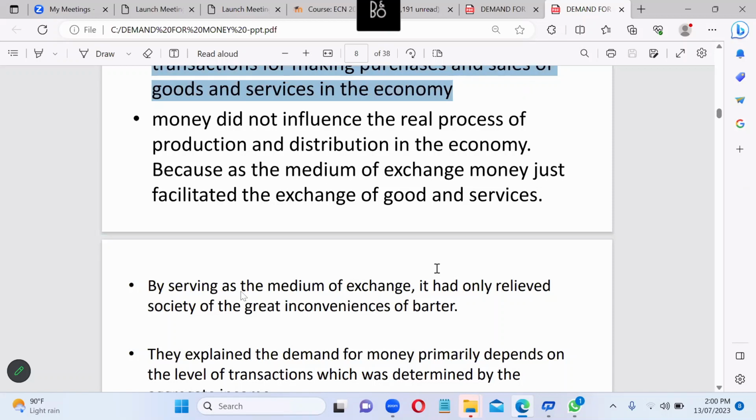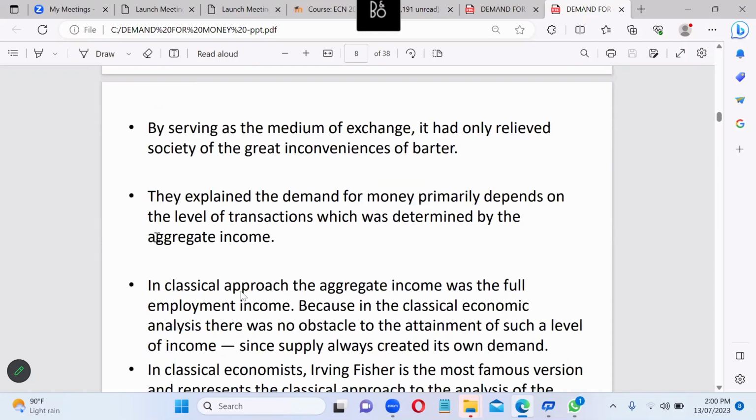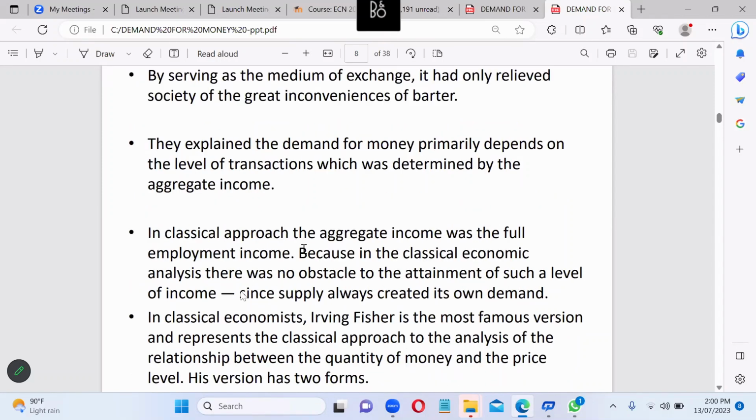Money demand depends on the level of transactions. In the classical approach, the aggregate income was assumed to be at full employment, because in the classical economy there was no obstacle to attaining such a level of income, since supply always created its own demand. Without income we can't hold money.